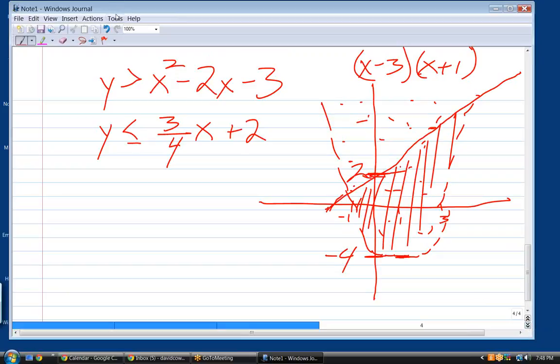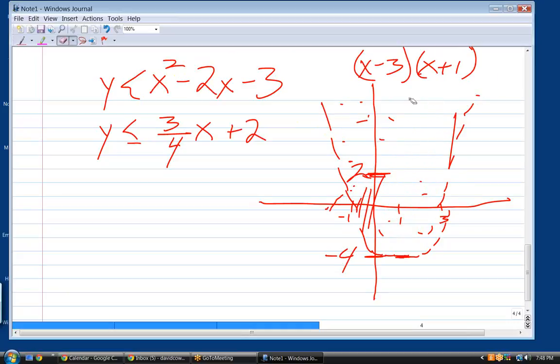In other words, if I were to say, instead of making that greater than, let's make it less than, well, then there still is going to be some overlap area, but where would I shade the first one? If I said less than, where does that include? Below that.